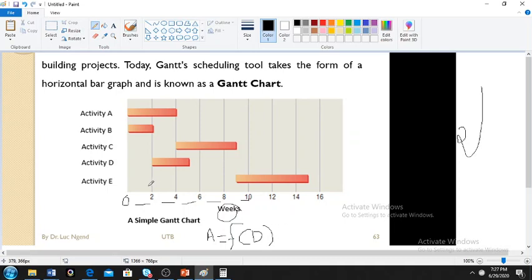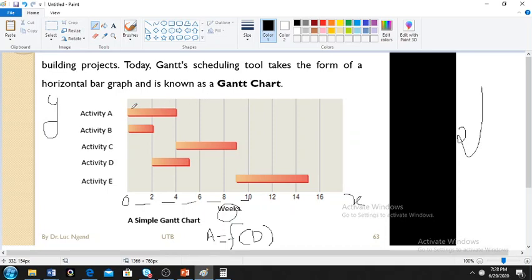It means the duration you put in the x-axis, and activities you put in the y-axis. But it's up to you. You can also do the other way around. No one cares. It's still the same.